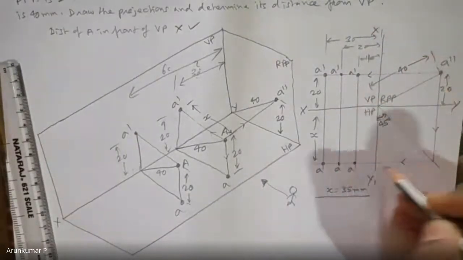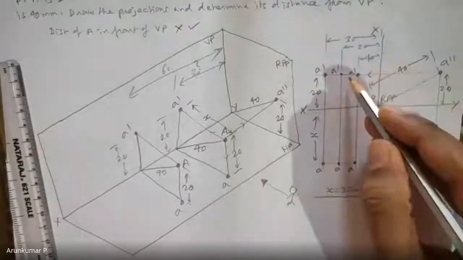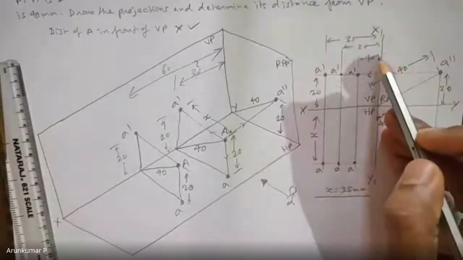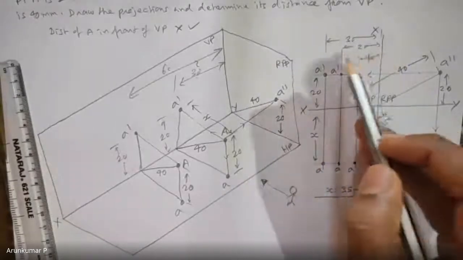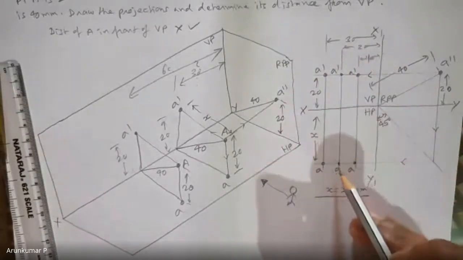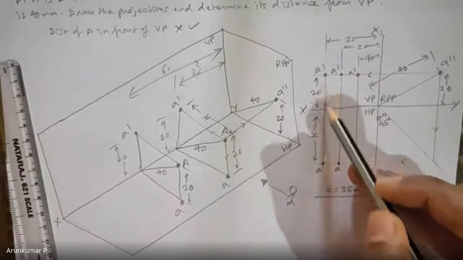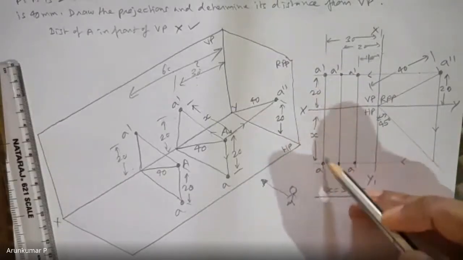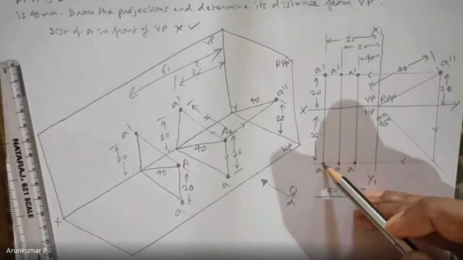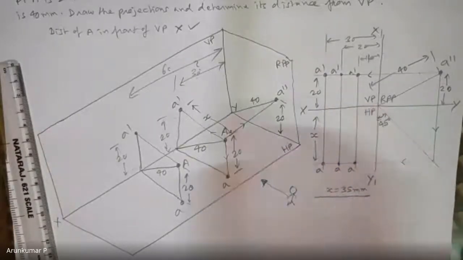Project it onto the top view and onto the front view, and at whatever distance you please, 10, 20, 30, 40, 50 from RPP, you can draw a vertical projection line. Intersection 20 mm above will give you A dash, the front view. Intersection X mm below will give you the top view. The X value is 35.